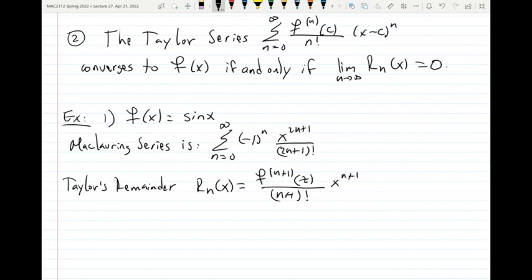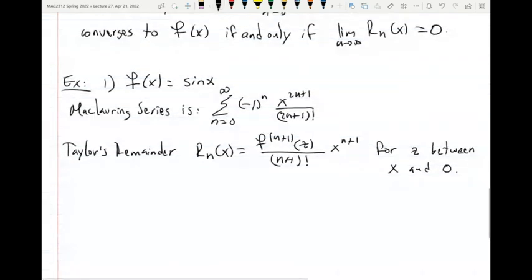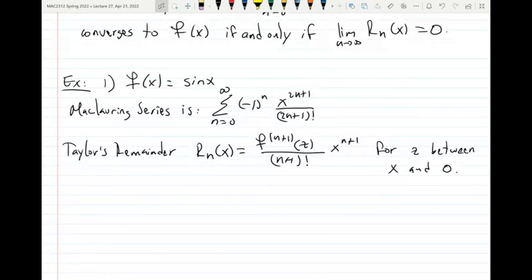Remember here our center c is 0. Okay? Taylor remainder is this, for z between x and 0, because remember, our c here is 0.